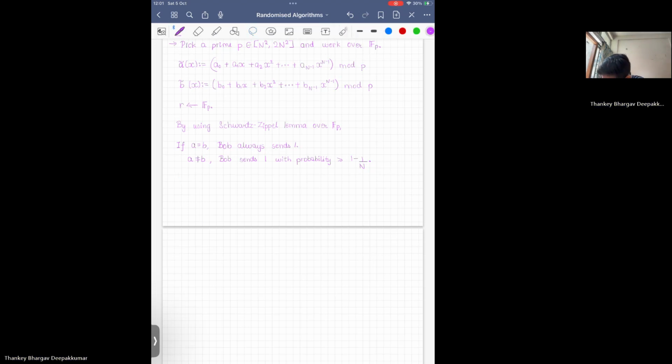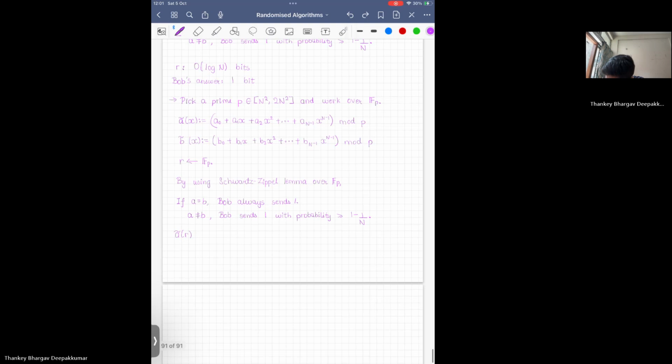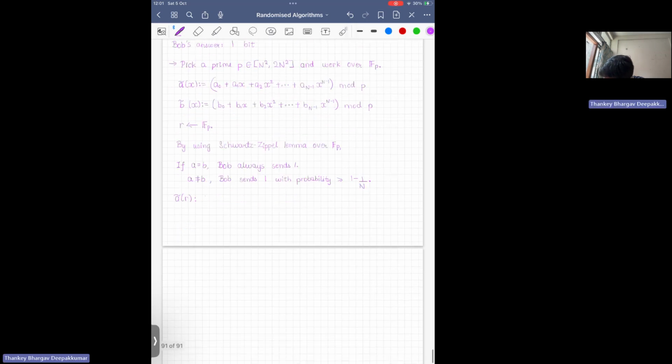So A tilde R requires order log p bits. Since p is at most 2n square, let's say order n square, so this is order log n bits.